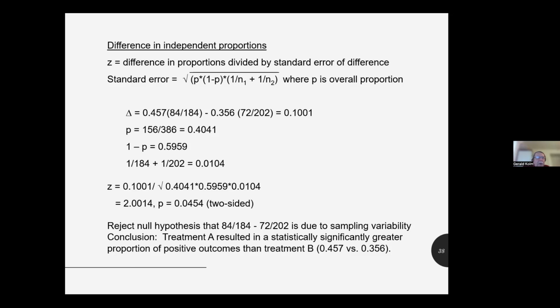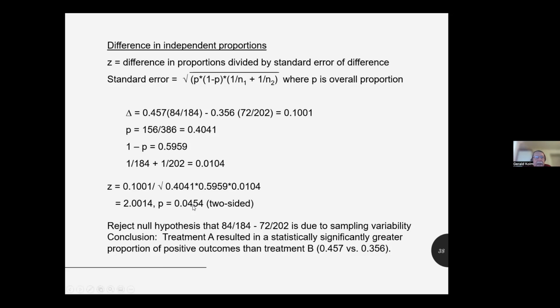So we calculate our normal distribution statistic of 0.1 divided by the standard error, and we come up with a value of 2.0. If we look at the areas under the normal curve associated with 2, we come up with a p-value of 0.045.